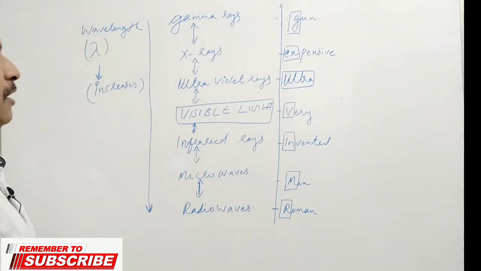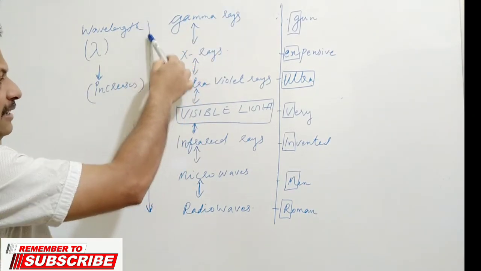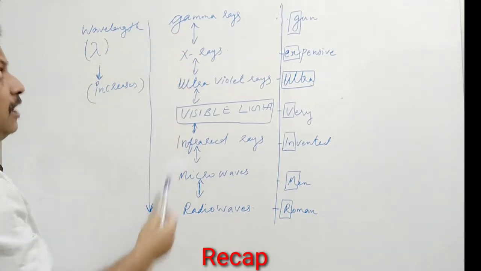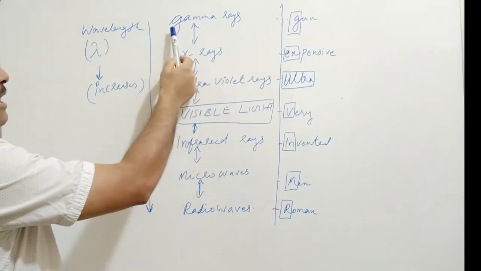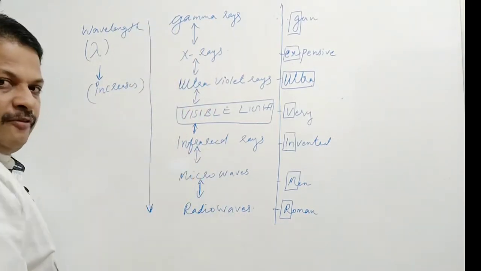As you know, when you travel from gamma rays to radio waves, the wavelength increases. They are arranged in the increasing order of wavelength from gamma rays to radio waves, such that gamma rays have the least wavelength and radio waves have the maximum wavelength.